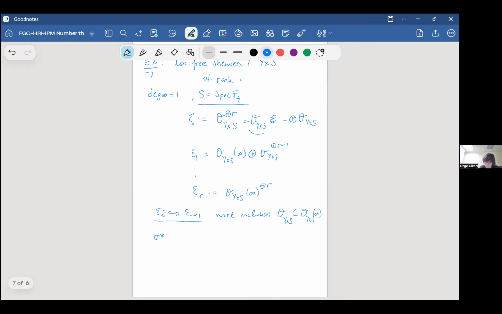Since S is F_q, this behaves like the identity, so that I can define E_i to E_{i+1} to be just the j_i's. Let's call them j_i's. And there you have it. This is an example of an elliptic sheaf of rank r.